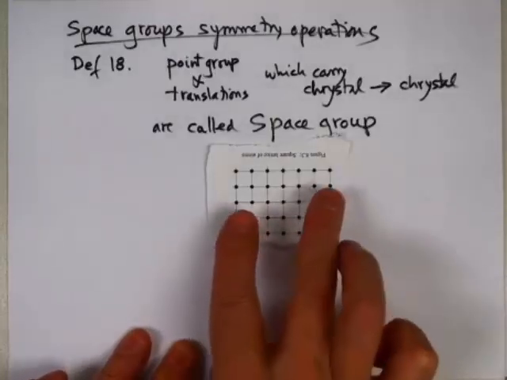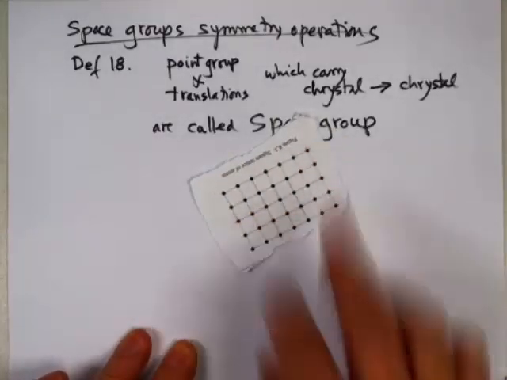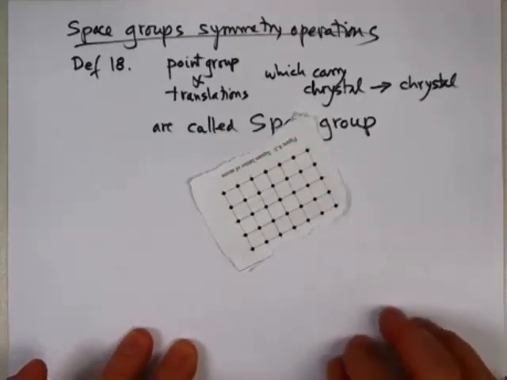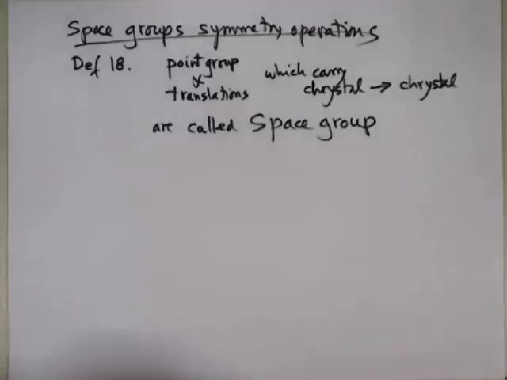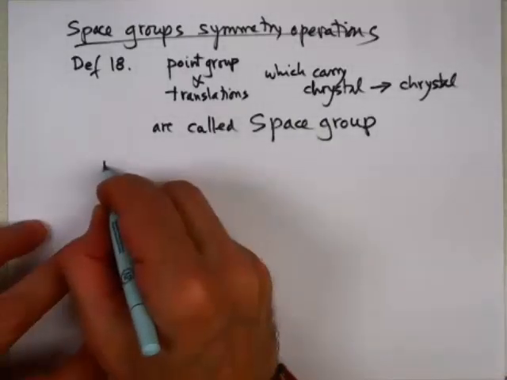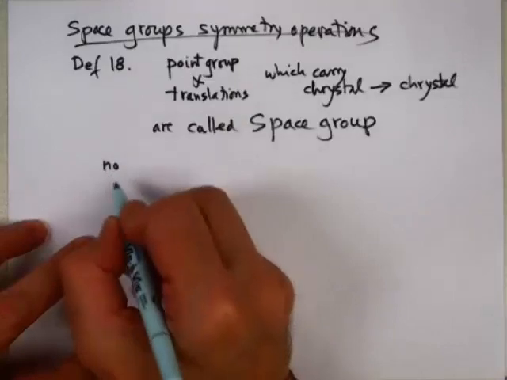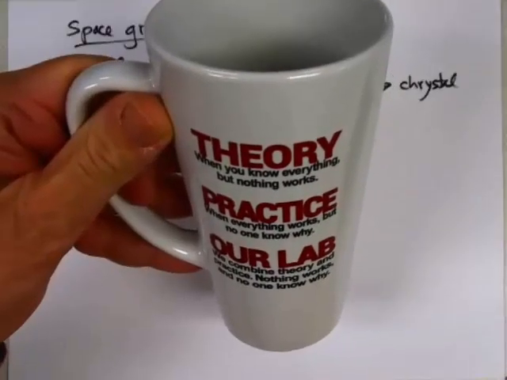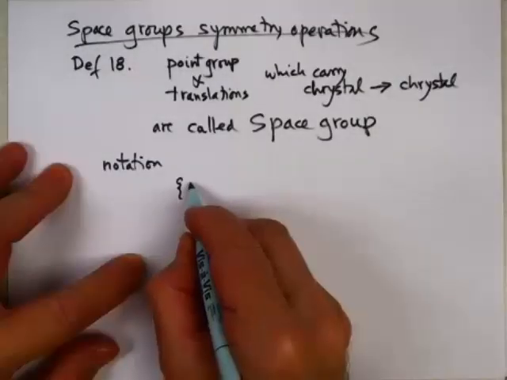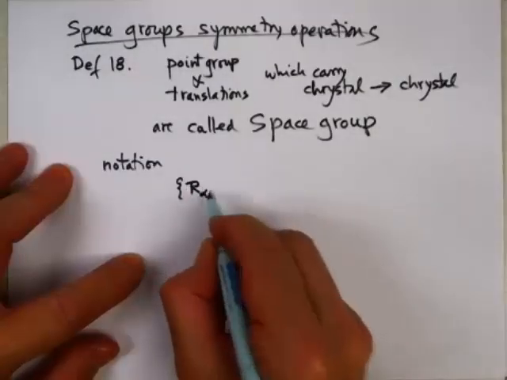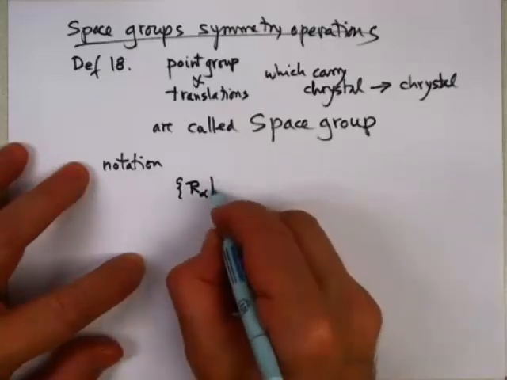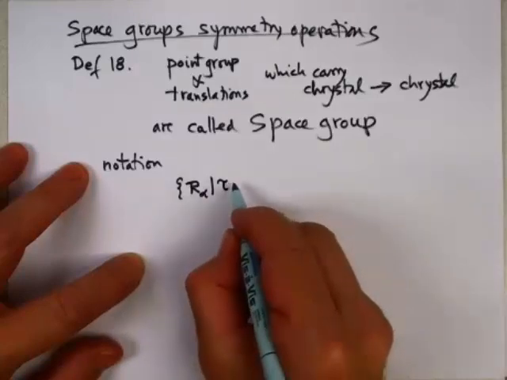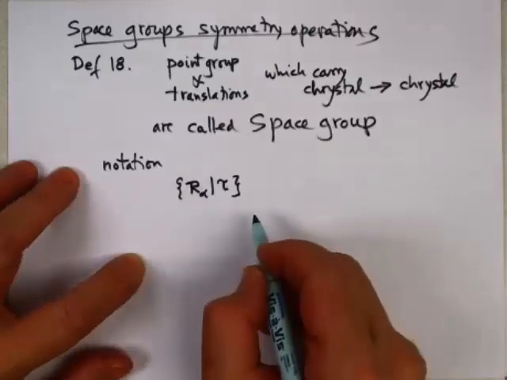However, if I turn it by some weird angle that doesn't fit on the original lattice, that's not part of a space group. So notation for space groups has to combine the kind of thing that we already know, which is theory, practice, and what happens in our lab. Notation: rotation by angle alpha, and translation by integer spacing tau denotes a group element.